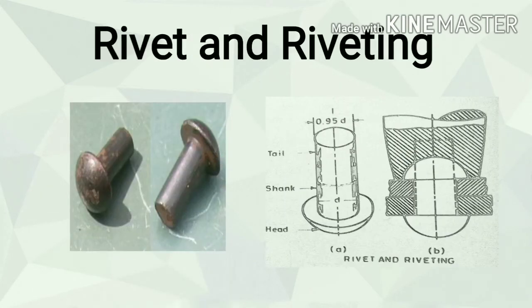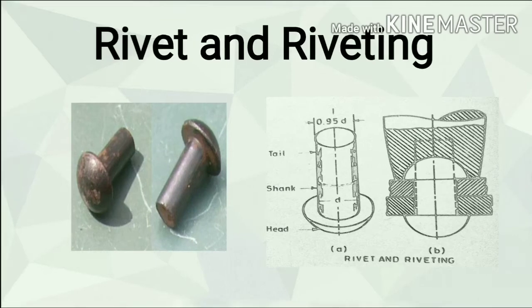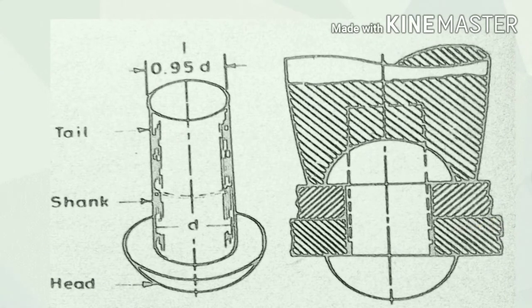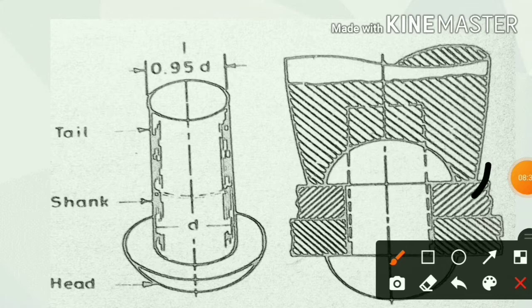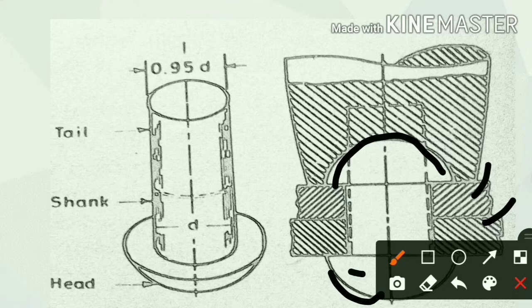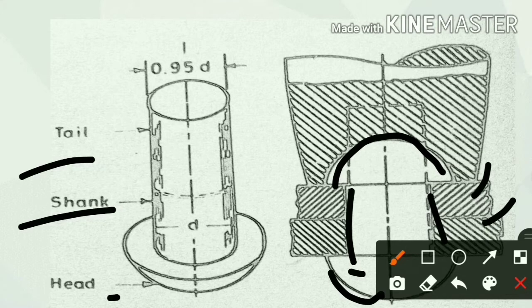Rivet and riveting. What a rivet looks like, and how to rivet between two plates. Here is one plate and another is the second plate. This is the head, this is the shank, and this is the tail.